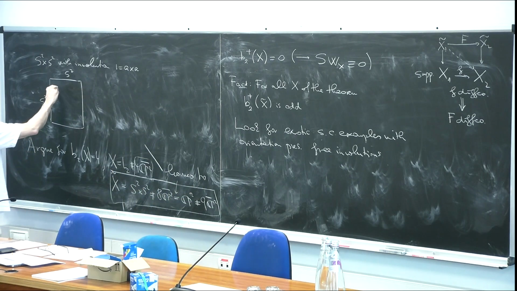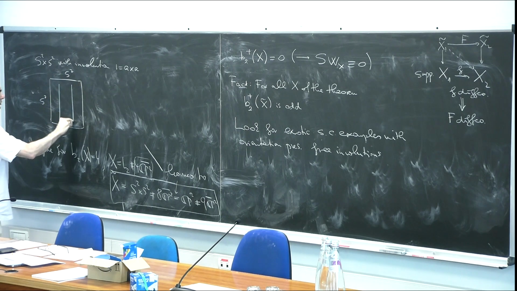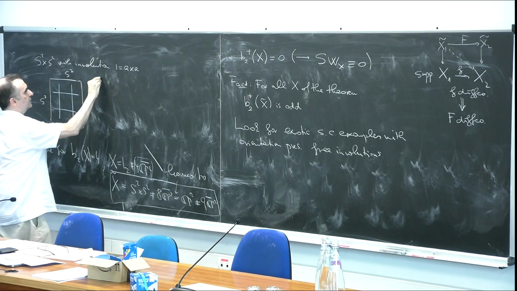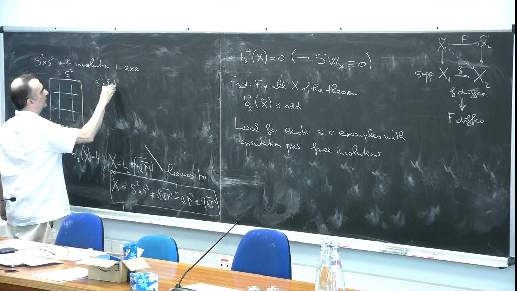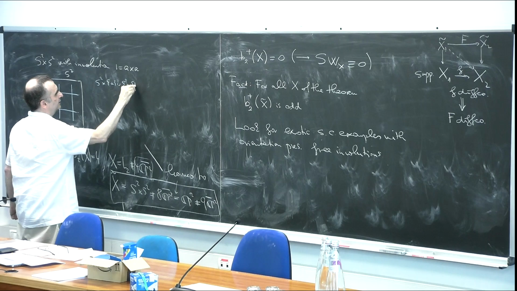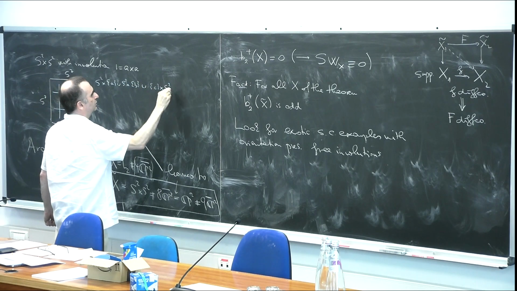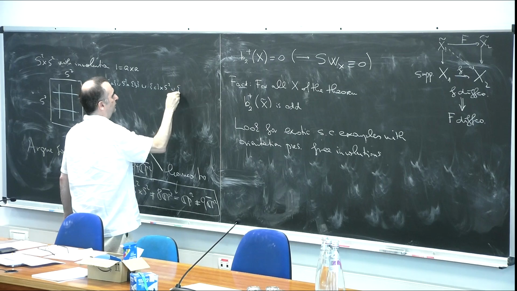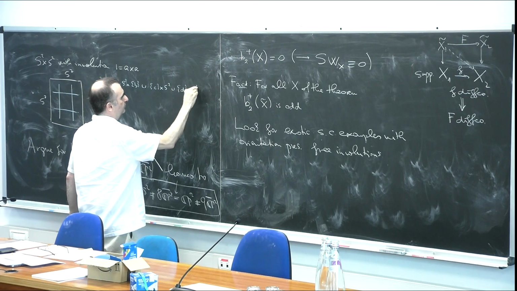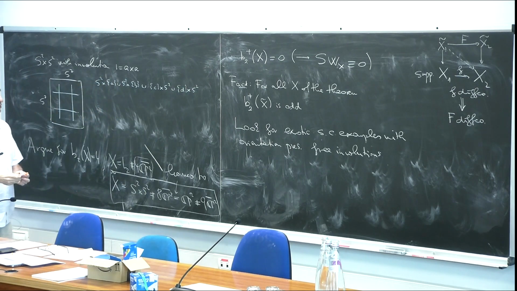So let's take C0 to be two horizontal and two vertical lines. So this is like S2 cross A union S2 cross B union C cross S2 union D cross S2.